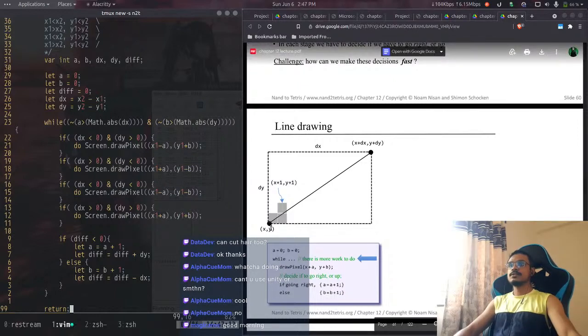Okay, dx and dy is the difference between these two points, right? And a and b is this.